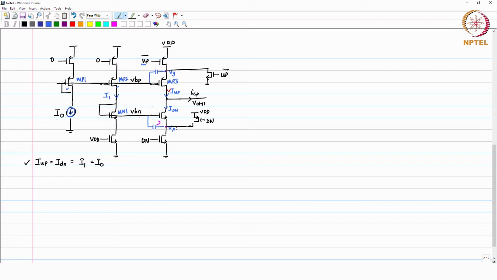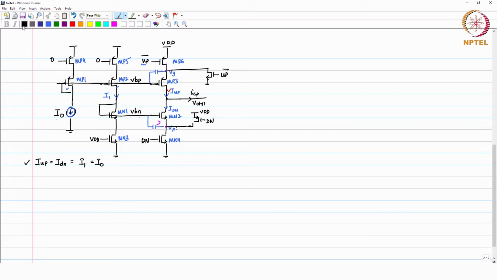Similarly, this is Mn1, this is Mn2. And you will have all other transistors, I will just name it MP4, MP5, MP6, this is Mn3 and Mn4.